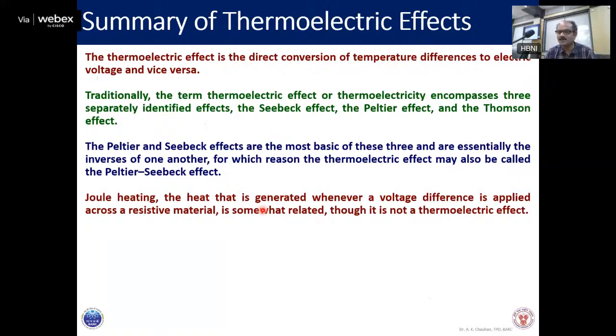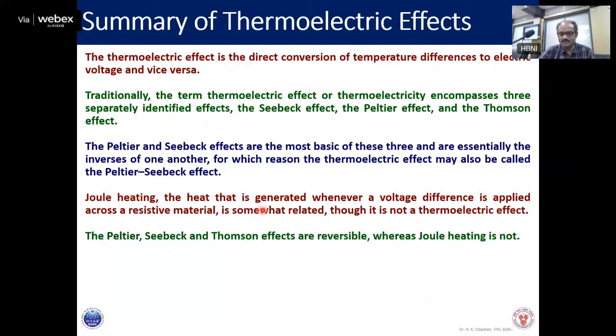This is not actually the thermoelectric effect, though it looks like it. The thermoelectric effect is where, between two dissimilar materials, a temperature difference is generated because of applying voltage, or because you have created a temperature difference, a voltage is generated. So though they are somewhat related, they are not the same.